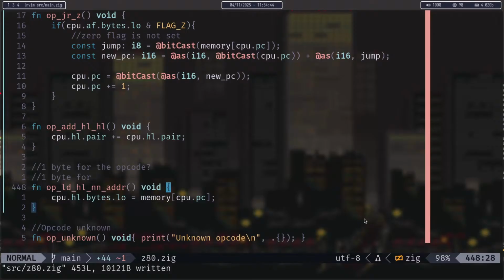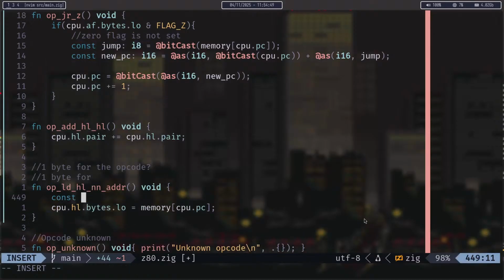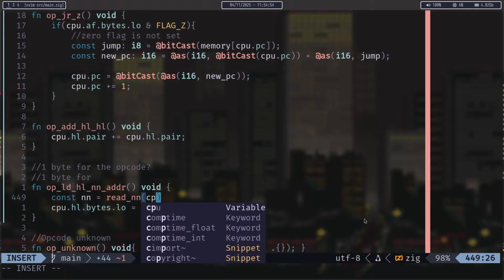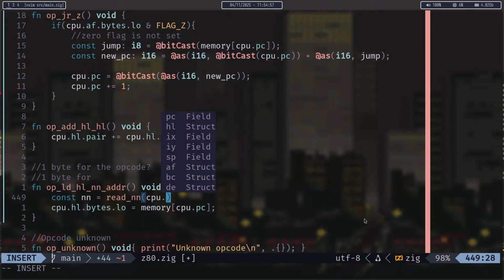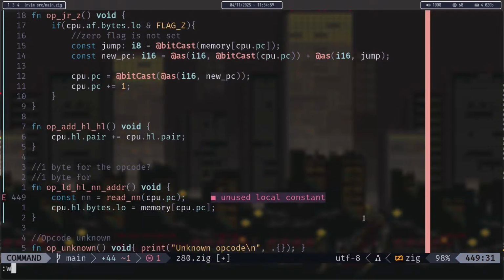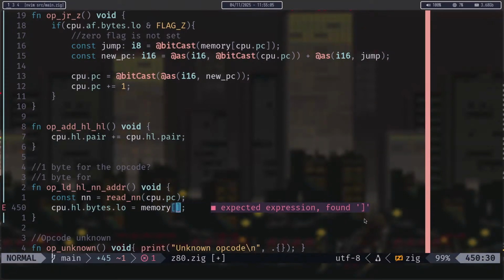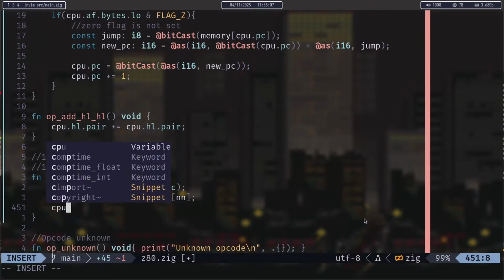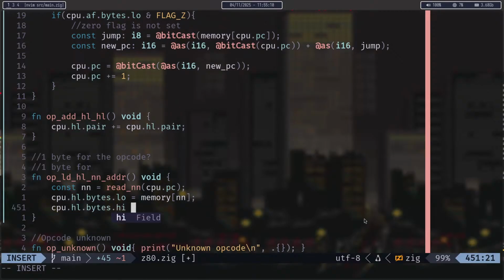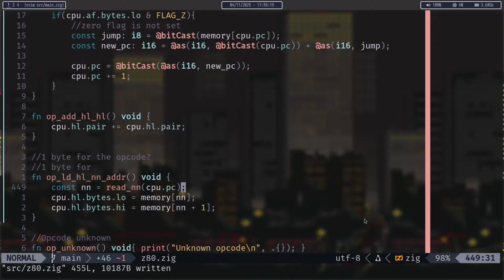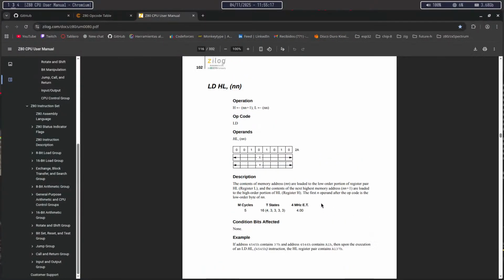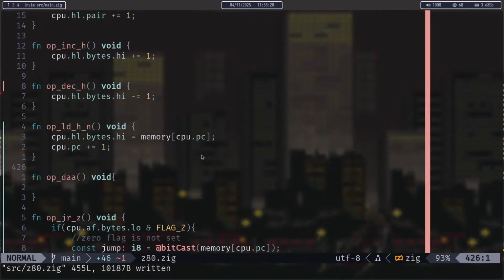No, but I have to get it in one way or the other. And then I can do cpu.hl.bytes.high equals memory, and then +1. This seems like it makes a little bit more sense.